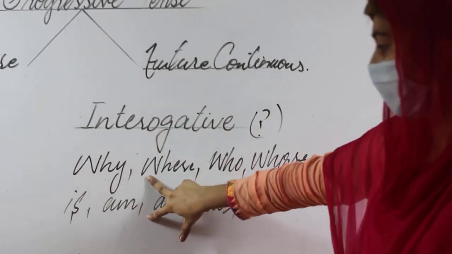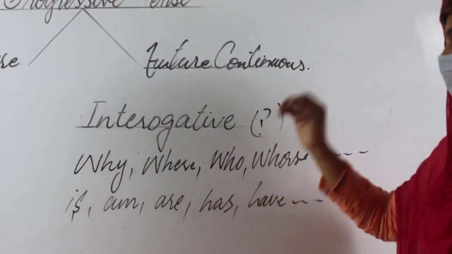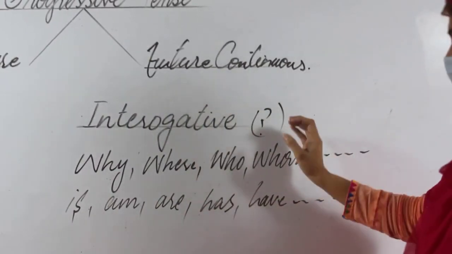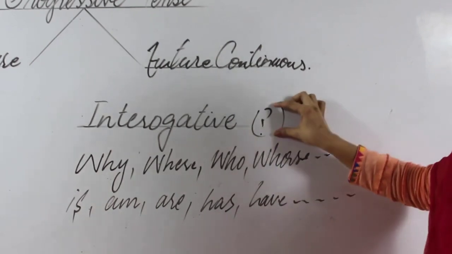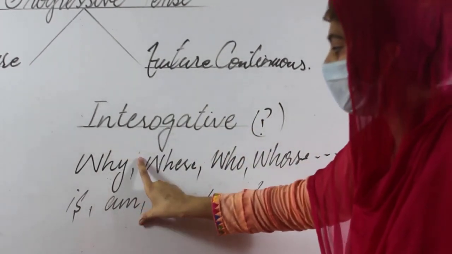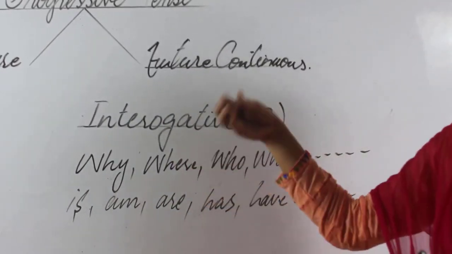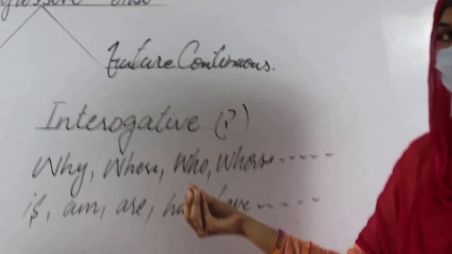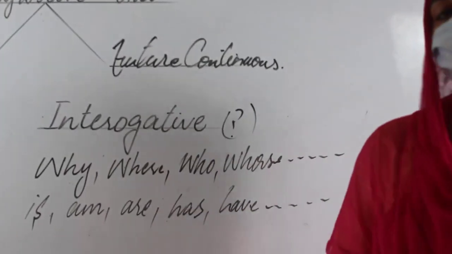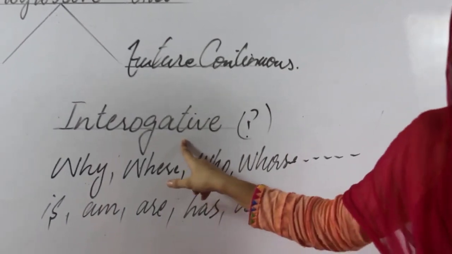These are the two recognitions, the alternatives of the interrogative. If there is no question mark at the end of your statement, but you have these types of words at the beginning, then you have to solve it according to the interrogative pattern.